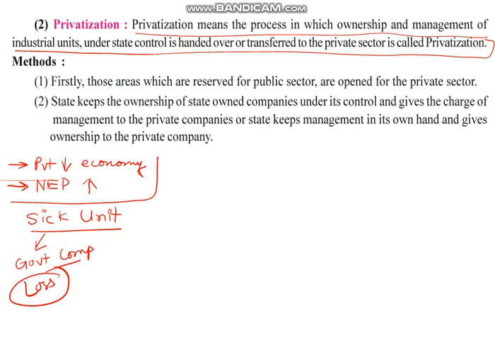Suppose you have booked a ticket at 2 o'clock, but there are few passengers, then the travel company will call you and say the bus has been cancelled, so you can either take a refund or we will shift your ticket to the next bus at 4 o'clock. They will not move their bus if they don't get a profit, and due to this private companies are usually in profit, while government companies are usually in loss.